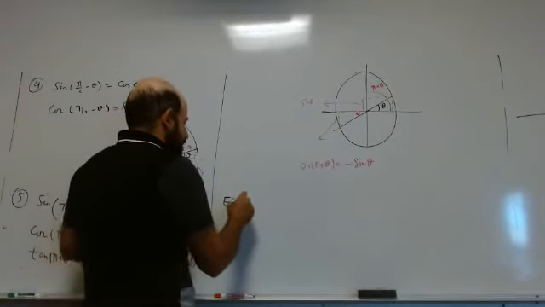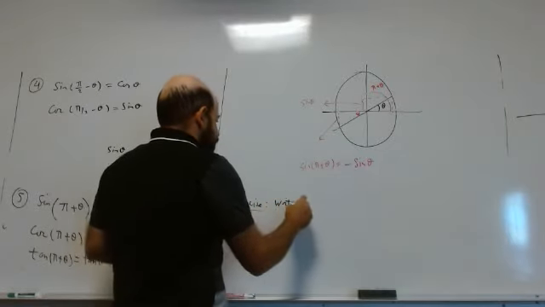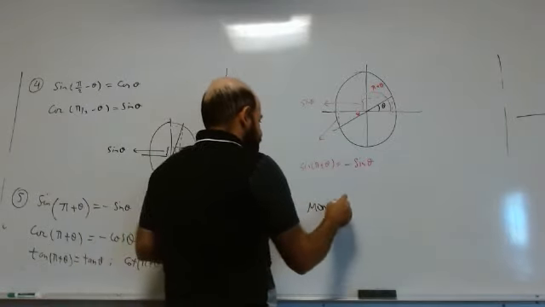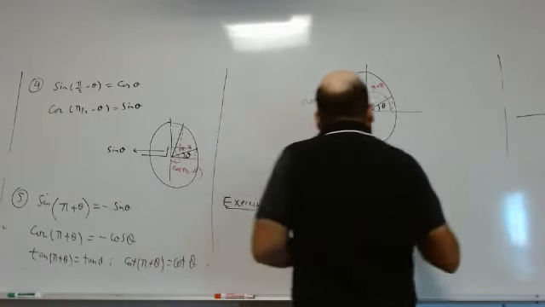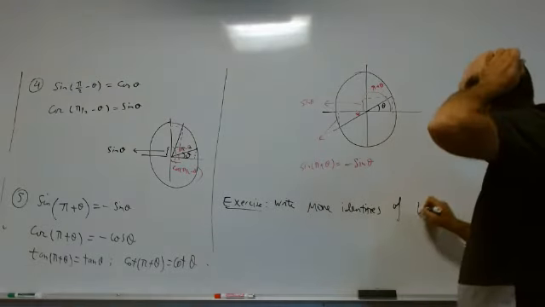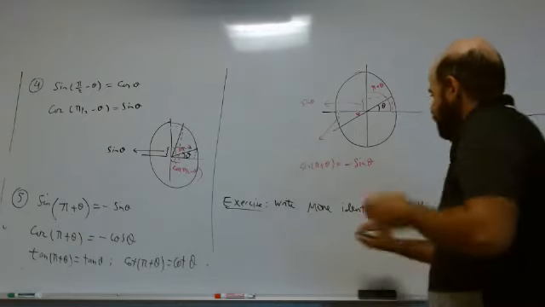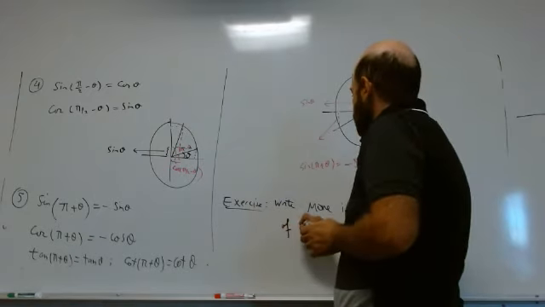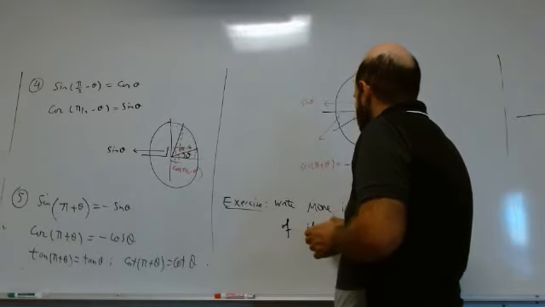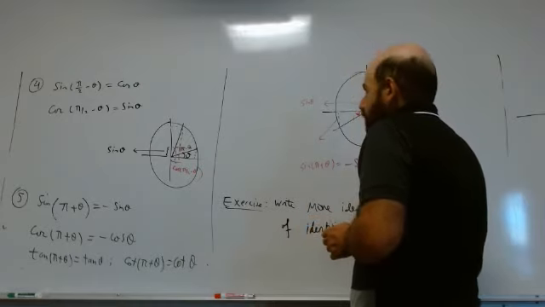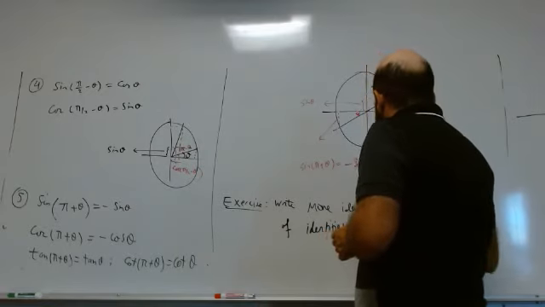We have more identities of this type. Exercise: write more identities of the types of identities 4 and 5 above.